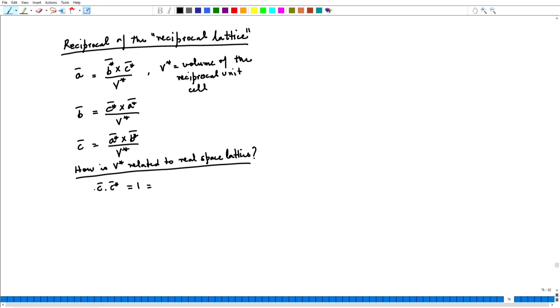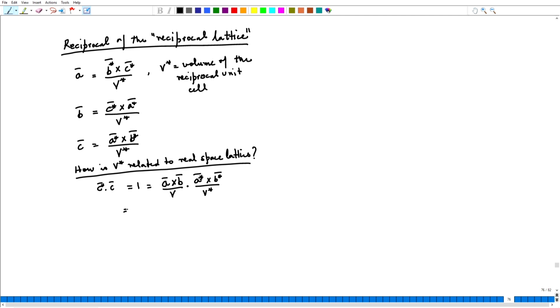C star dot C can be written as A cross B divided by V, this is my vector C star, and I take the dot product with the vector C, which can be written in terms of the reciprocal lattice vector cross product, A star cross B star divided by V star.